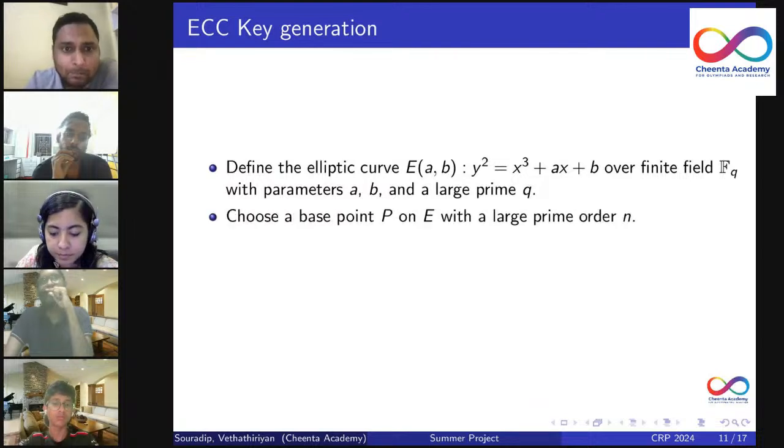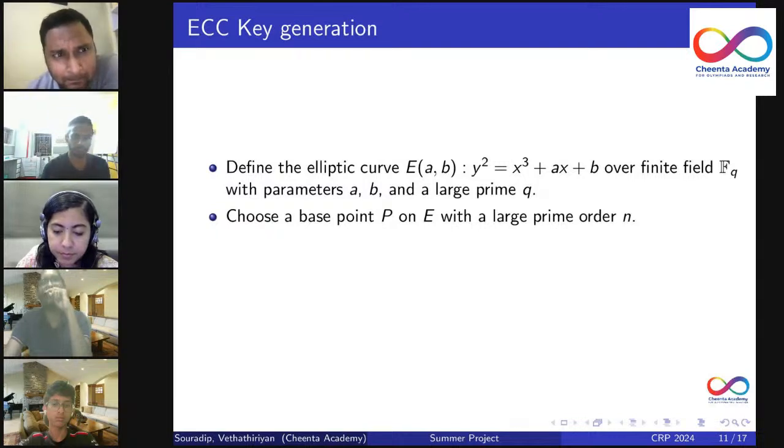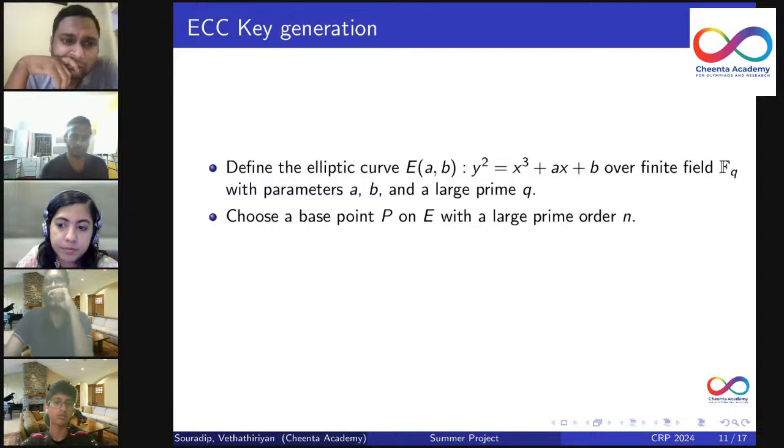Next, we choose a base point. Base point P could be any (alpha, beta) on the elliptic curve whose prime order is very large, and we call that n.